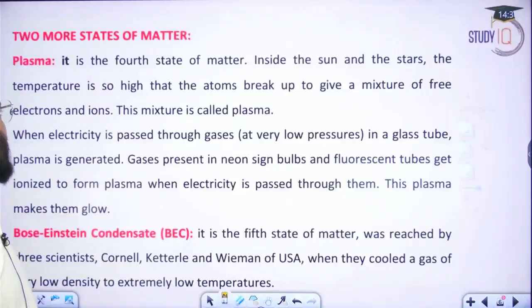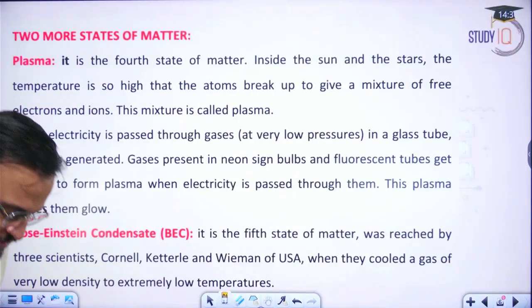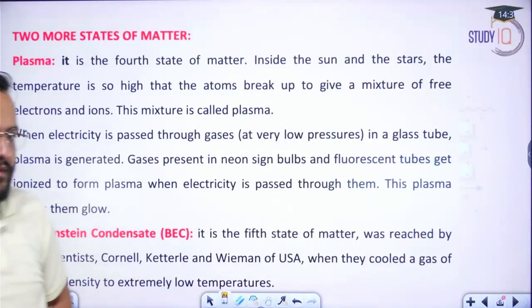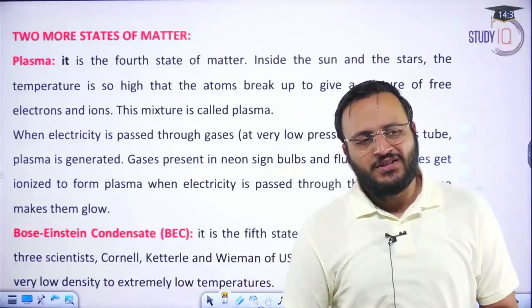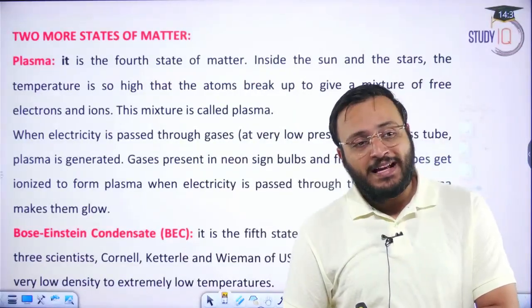So guys, now let us understand two more states of matter. So what are those two more states of matter? Two more states of matter include plasma and Bose-Einstein condensate. Now, what is the meaning of these two? Let us understand. What is plasma?